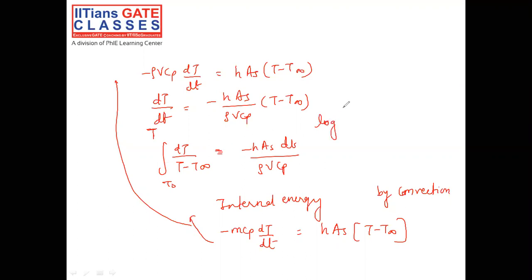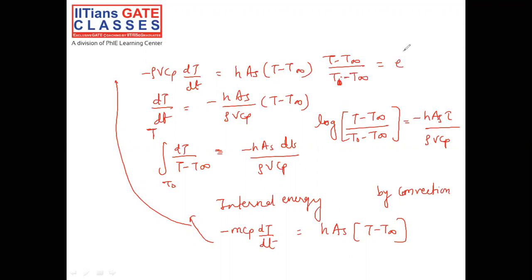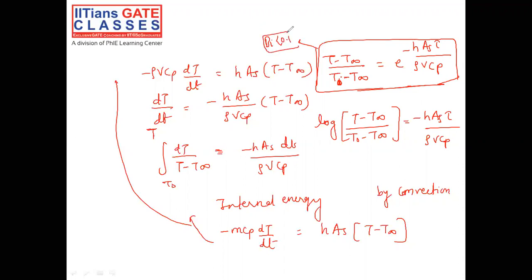The integration of 1 upon x dx is nothing but log x, and that gives me ln of (T minus T infinity) divided by (T naught minus T infinity) equal to minus h As tau divided by rho V Cp. Finally, we have (T minus T infinity) divided by (T naught minus T infinity) as e power minus h As tau divided by rho V Cp. And that is the governing formula for lumped system analysis when the Biot number is less than 0.1.